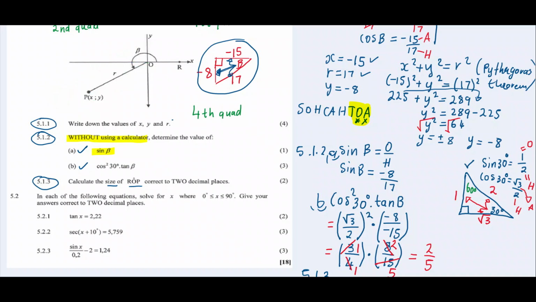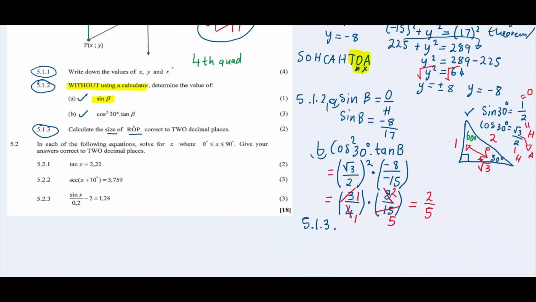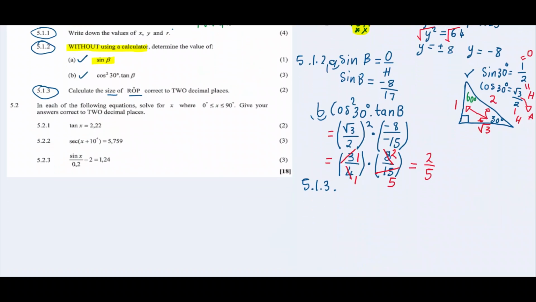The beta is the angle all the way from here to here. So that's like 180. So the angle from here to there is 180 plus this acute angle over here, right?